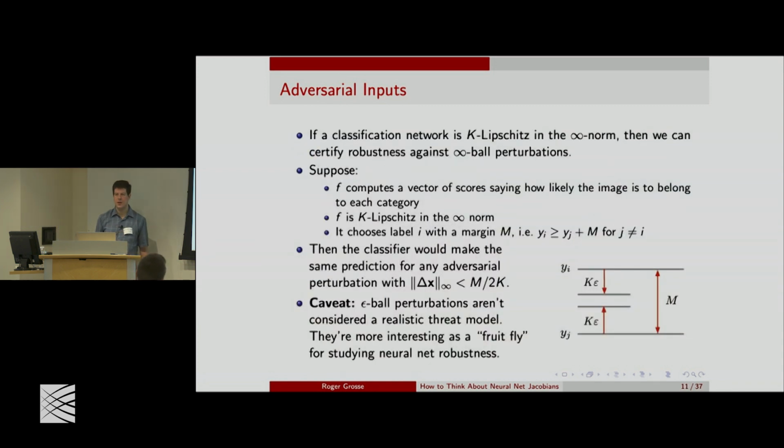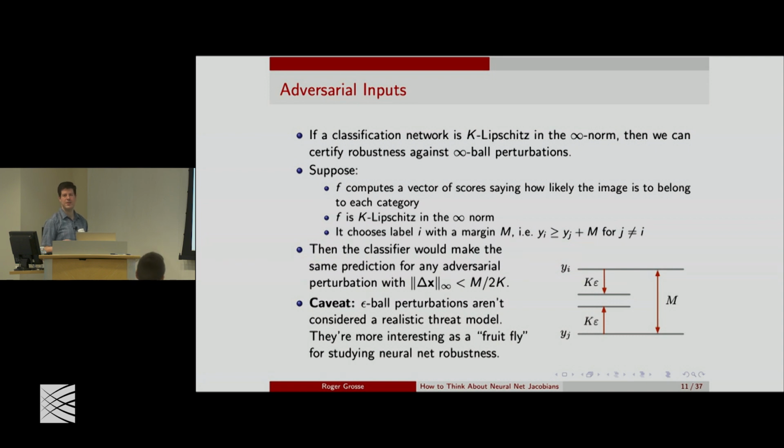I'm not going to really talk about how to defend against these things in general, but one property that would be very useful is if you can guarantee a Lipschitz constraint on the network. And this is a case where it's useful to use the infinity norm. They tend to use the infinity norm for adversarial perturbations.